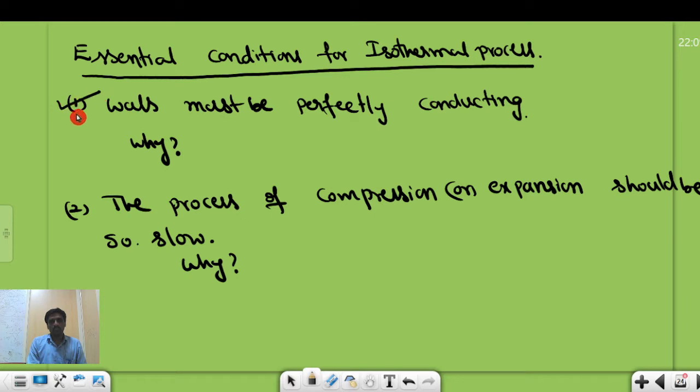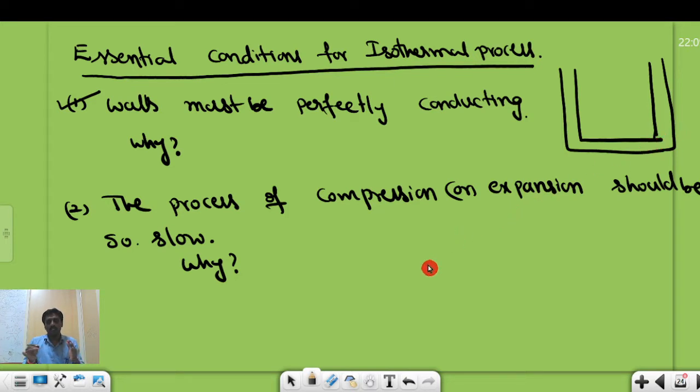The first condition is that the walls of the system must be perfectly conducting material. Let me take this as the cylinder. The cylinder walls must be perfectly diathermic walls.